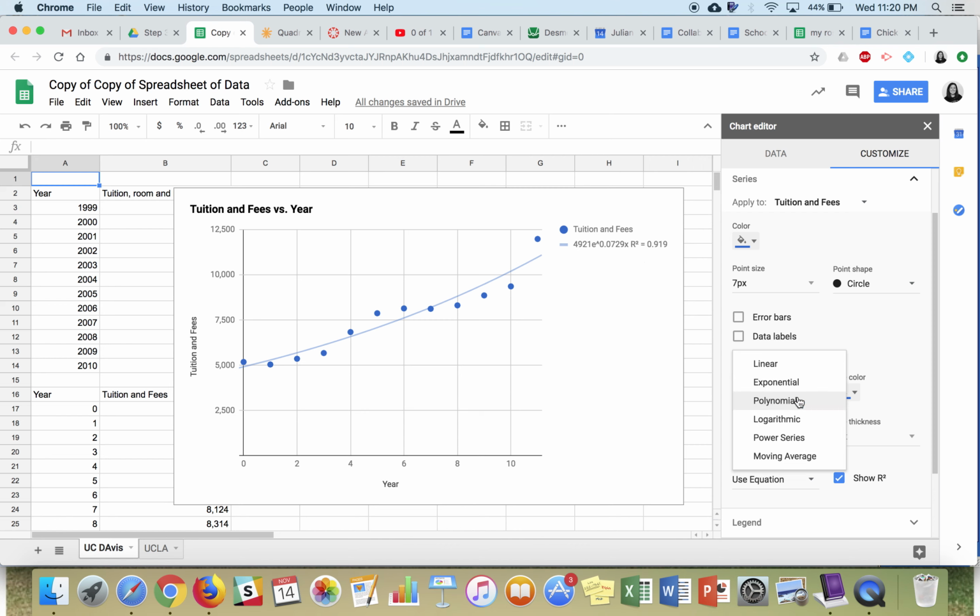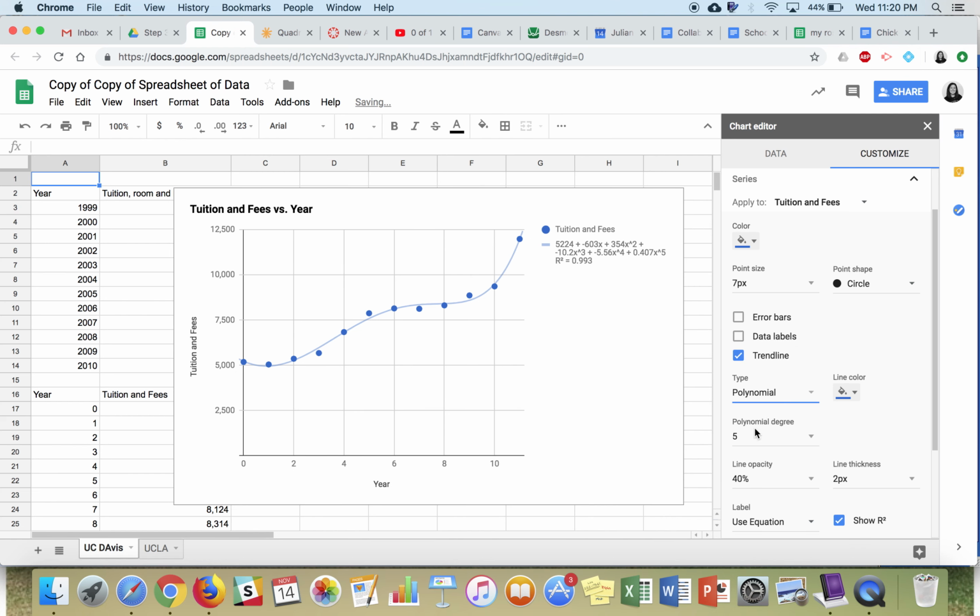And then we can click polynomial, and then polynomial gives me the option of degree. And I told you I only wanted you to use quadratic or cubic, so that'd be degree 2, degree 3. Because notice with degree 5, it gets really close, but we also want to make sure that our model fits our context.